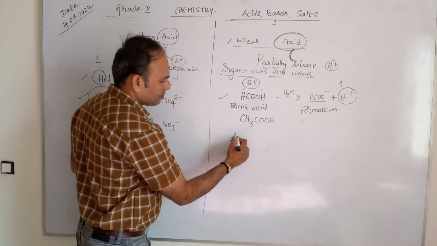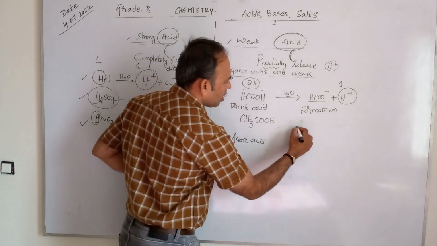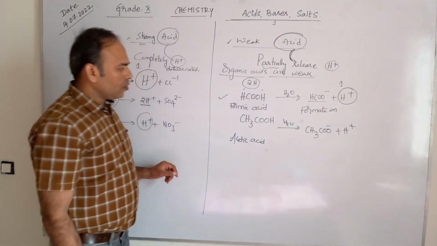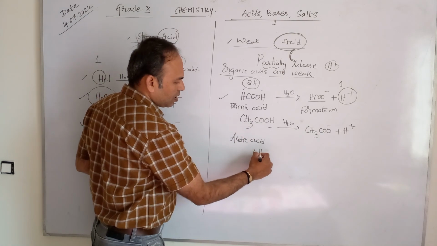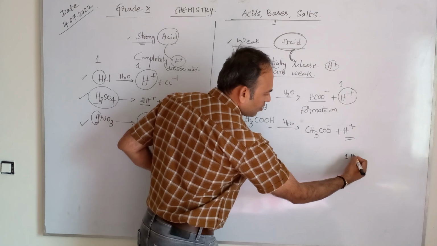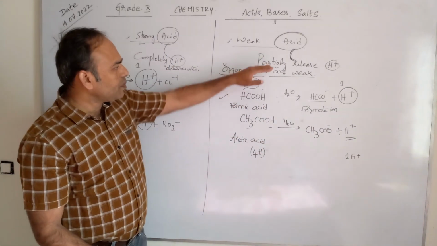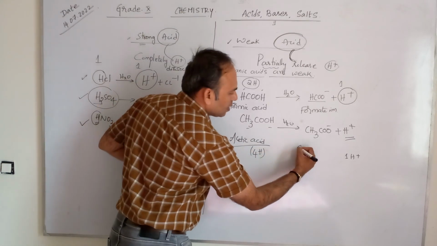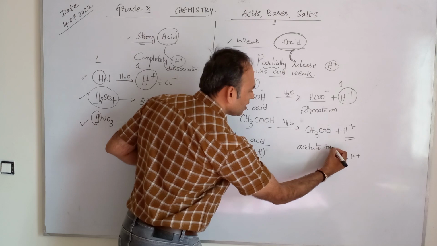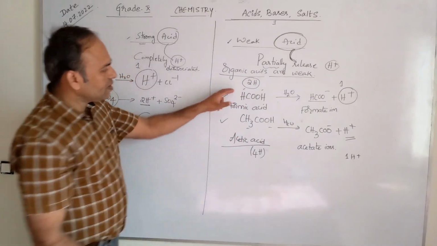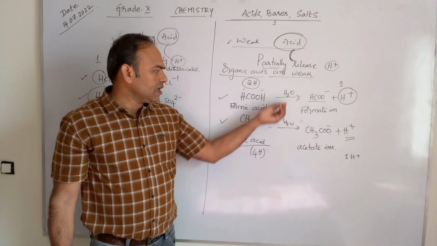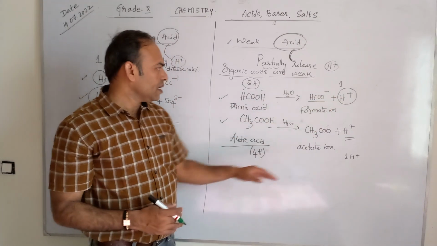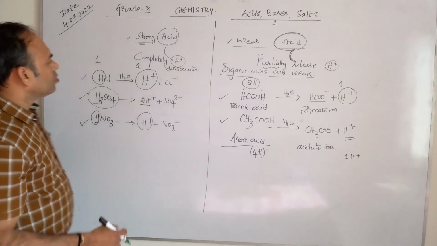Come to the second example, acetic acid. Addition of water gives you CH3COO minus and H plus. Once again you count totally 4 hydrogens, but here only 1 proton. We can say that it is again partially dissociated, or it is partially releasing H plus. The name of the acid is acetic acid, hence the ions can be named as acetate ions. We took 2 examples in which upon addition of water, it is not completely dissociated into H plus ions or H3O plus ions. Hence we call these 2 weak acids.